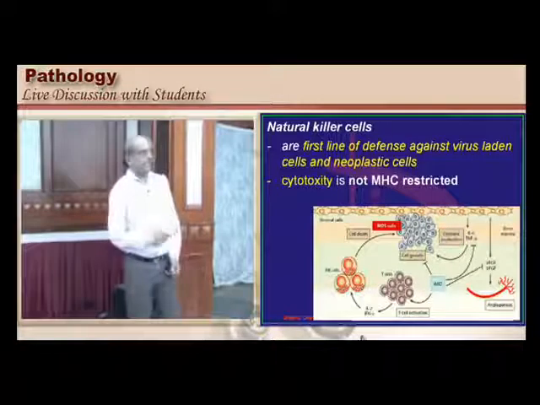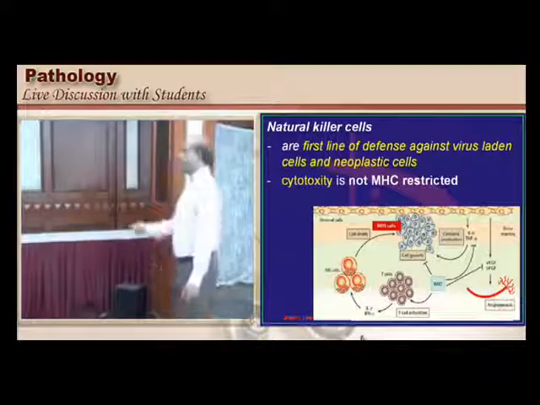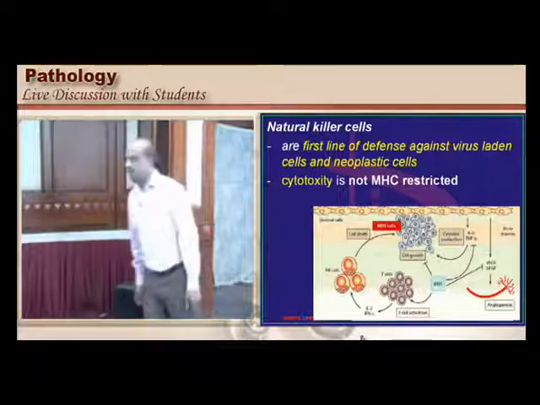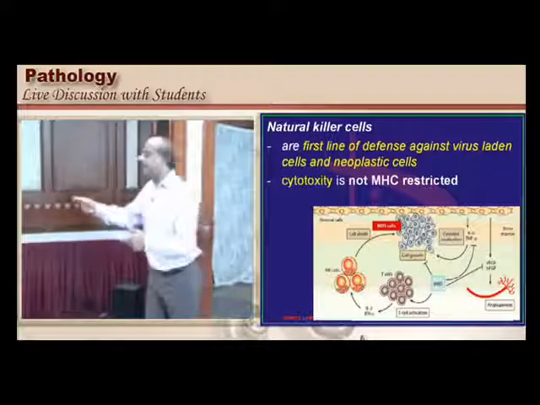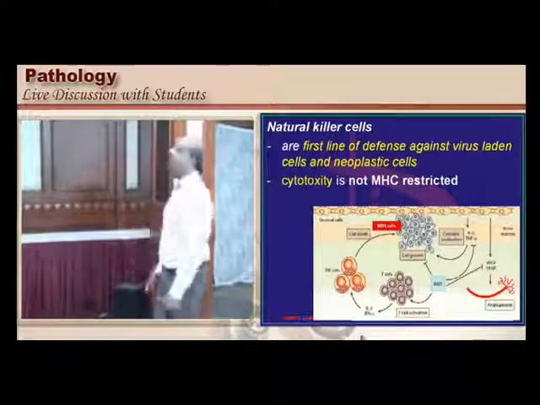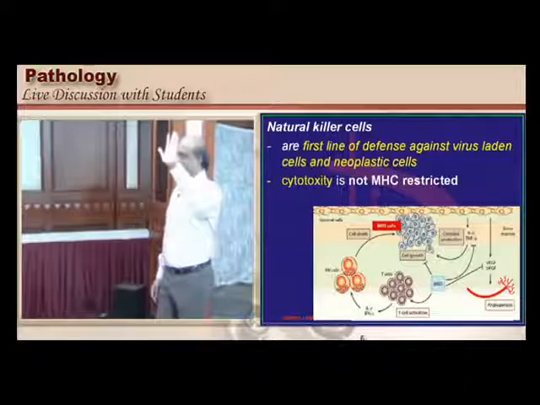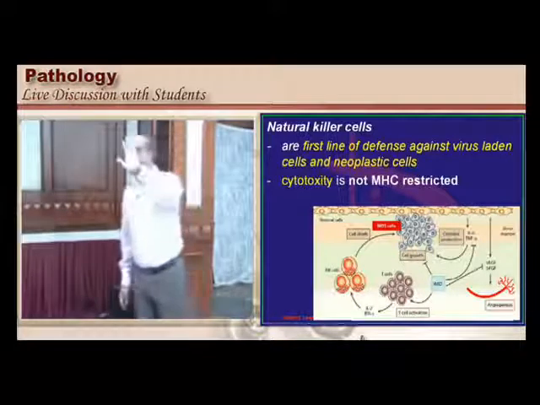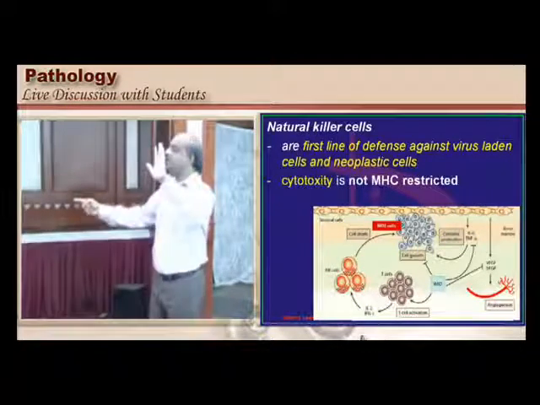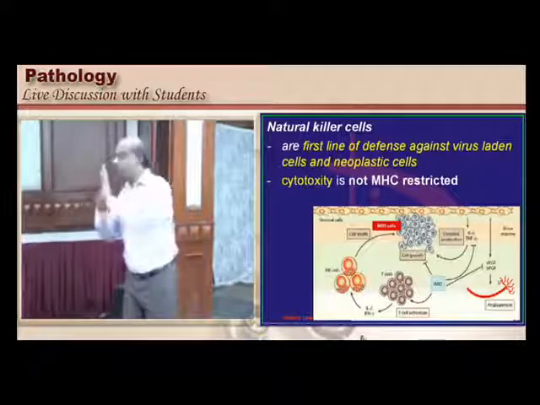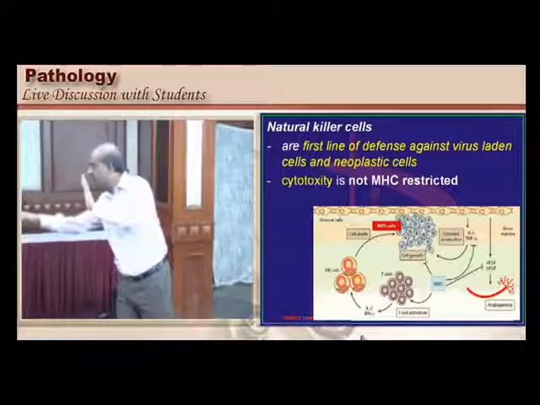Now let us quickly talk about natural killer cells. If a cytotoxic T cell wanted to destroy a particular cell, what is required, doctor? It requires a warrant. First of all, that yes, he is a murderer, so I can kill him. So who gives that warrant to kill the given cell?